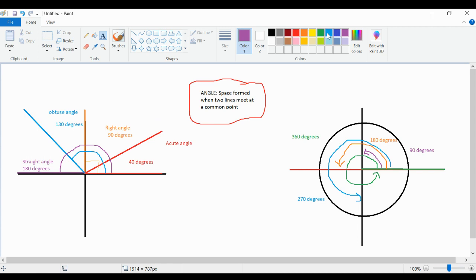So this one, let's see, we'll do this one in some green, is going to go right over here. Oh, that was a bad one, 1 second. Let's delete that, undo, start in the middle.